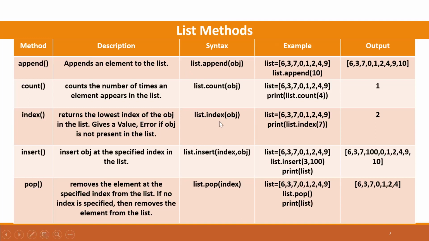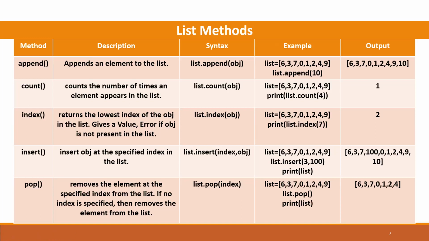So index, object. When this is my list, if I want to insert, I call the function insert with values 3, 100. That means I want to insert 100 at index 3. So 0, 1, 2, 3. 100 gets inserted and the remaining elements get shifted to the right-hand side.